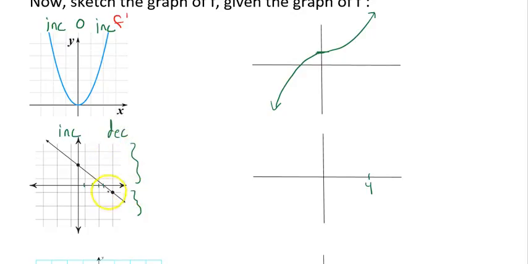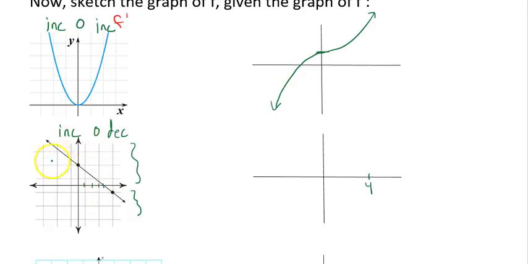So we want to draw a graph that's increasing and then has a horizontal tangent line and then is decreasing. And again, I highly recommend covering up this graph so that you're not looking at it.